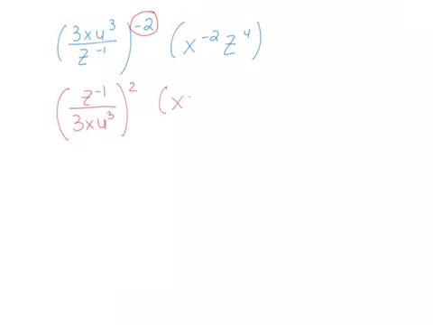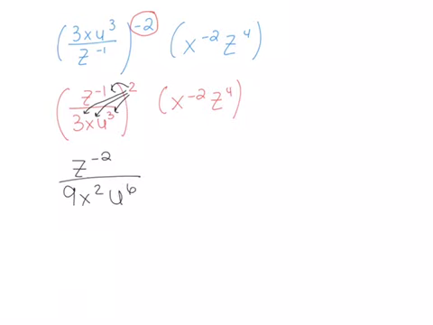And then I still have x to the negative 2nd, z to the 4th over here. Now I can't simplify this quotient here, so I'm just going to go ahead and distribute that 2nd power to everything. So I'm going to have z to the negative 2nd over 9x squared u to the 6th, and I still have times x to the negative 2nd, z to the 4th.